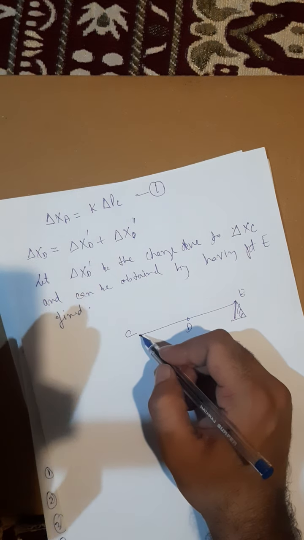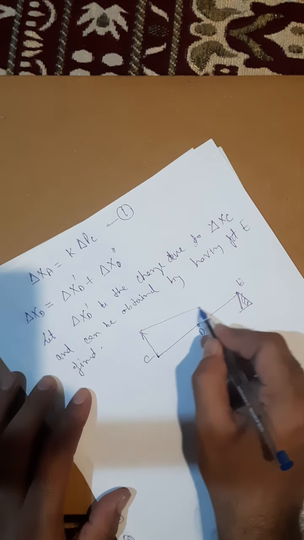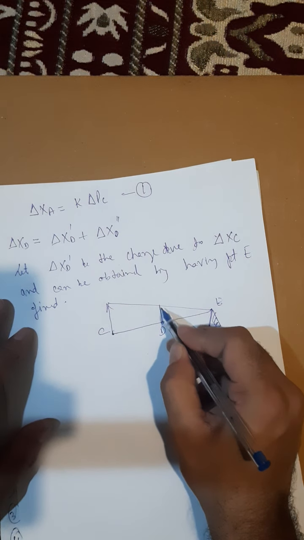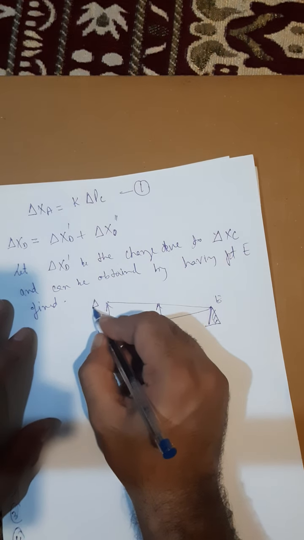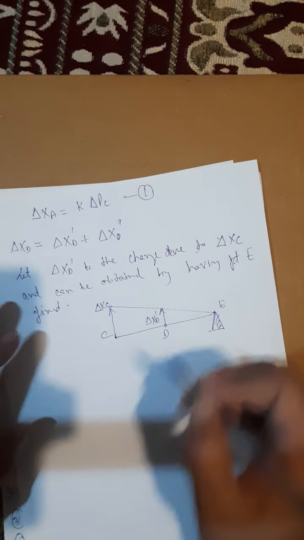Suppose when point A was moving downwards, point C was moving upwards. So because of this movement of point C, D will also move upwards. So this is delta xC and this is delta xD dash.